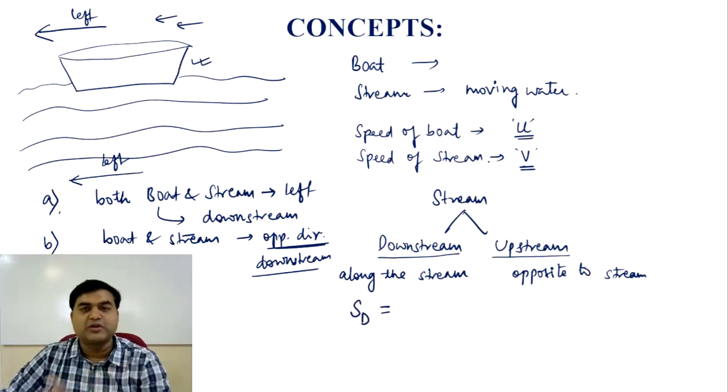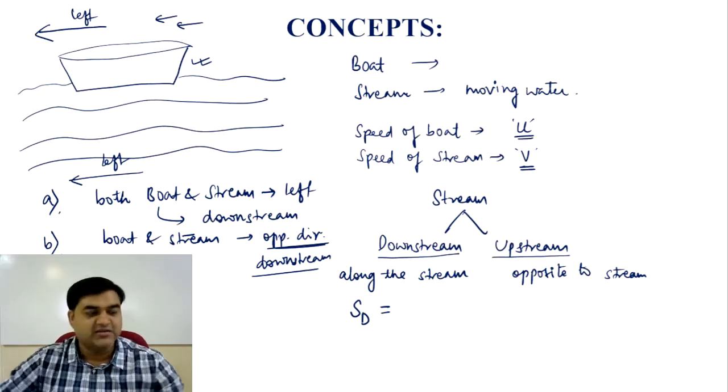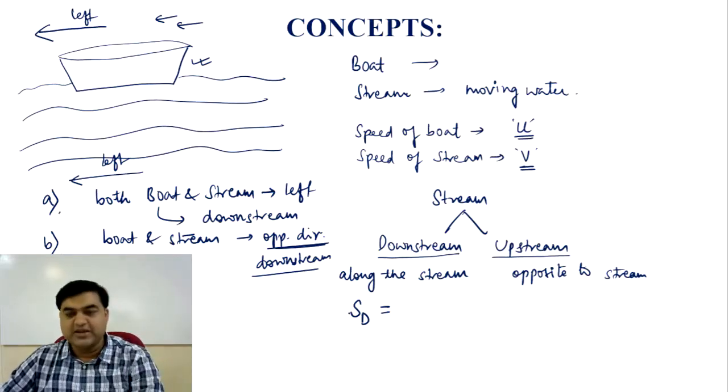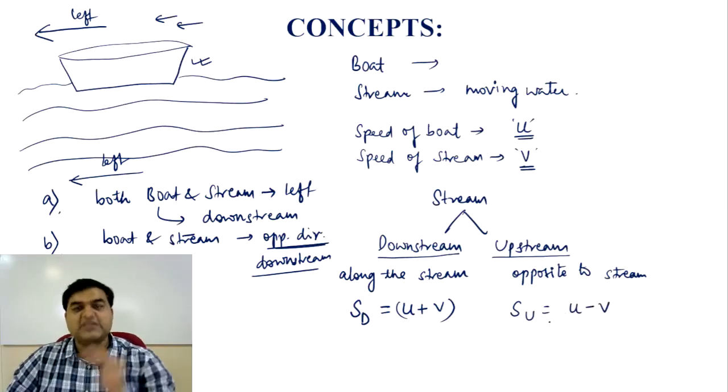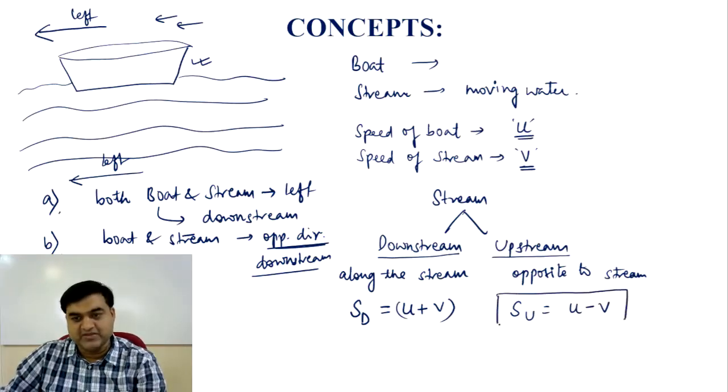So speed of downstream will be equal to u plus v. In case of upstream, if the boat speed is high, then u minus v. Only if the boat speed is high will it go against the stream.